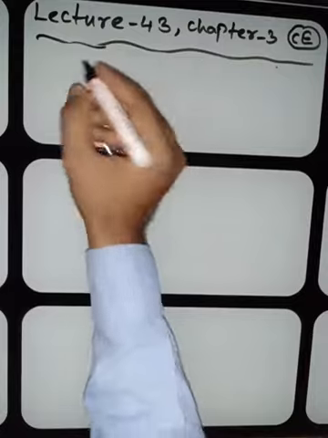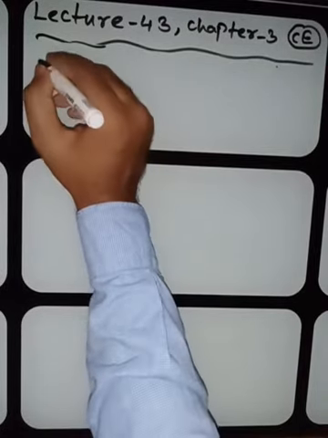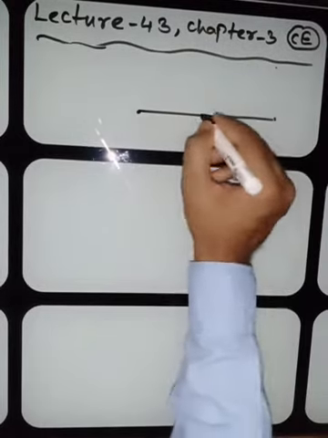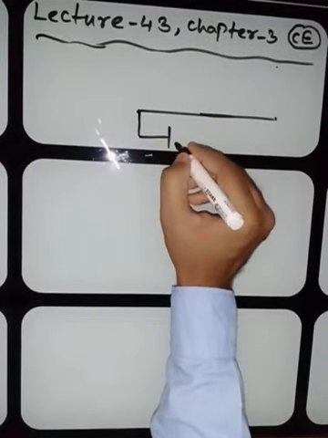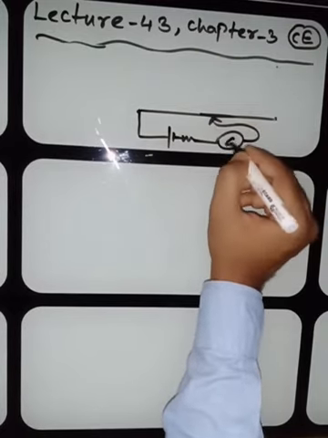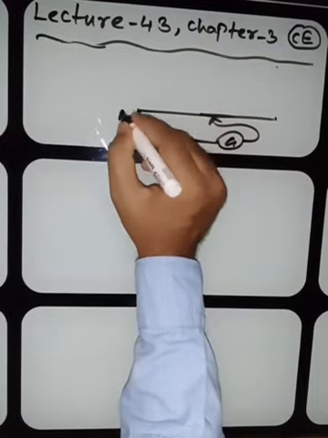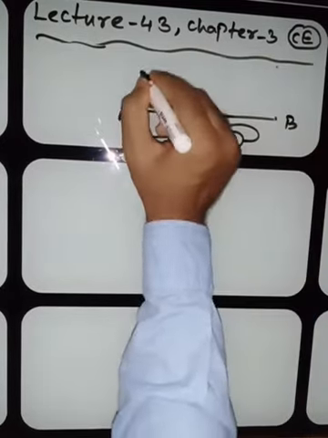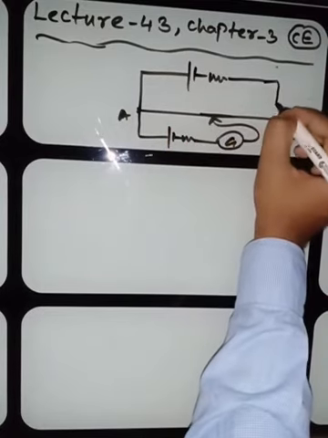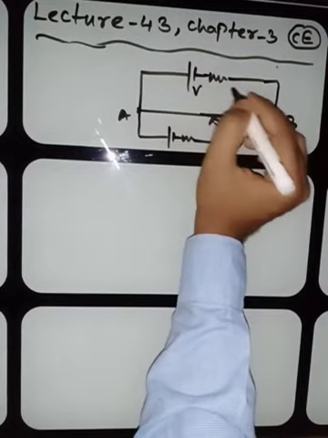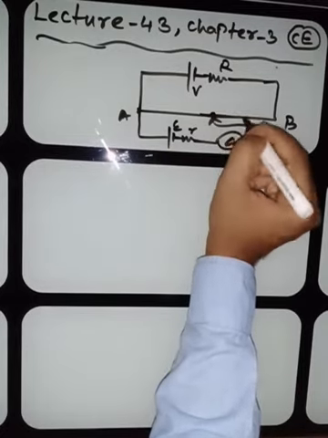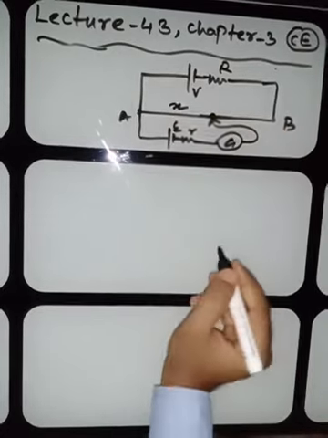Suppose like this one, this is the potentiometer wire, battery, internal resistance, galvanometer, jockey, points A and B. Here with the battery a resistance is also connected: V, a resistance R, this small r, E. This is the jockey, the balance length is X.